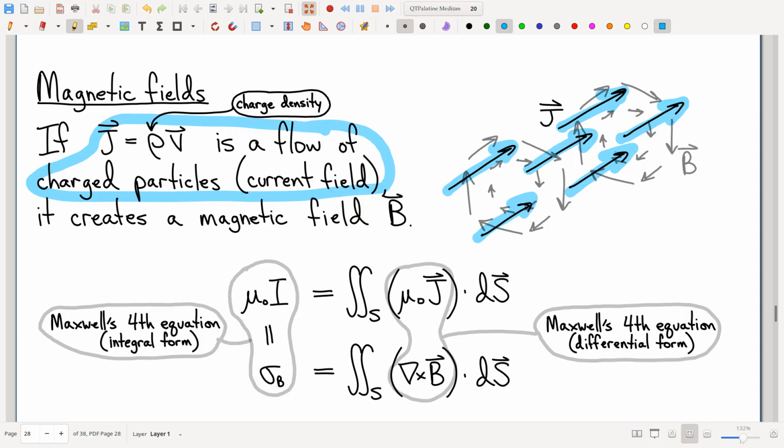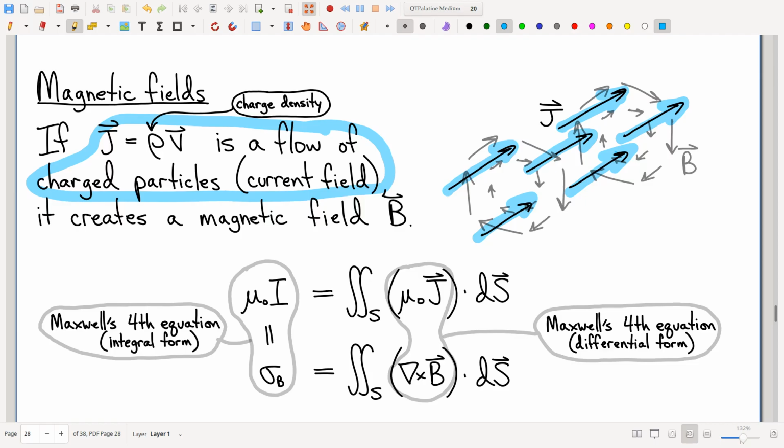Okay. Well, a current field is basically the same idea. It's just addressing the fact that not all flows of charged particles are confined to metal wires, right? We use them a lot like that, but there can be movements of charged particles around in any way.